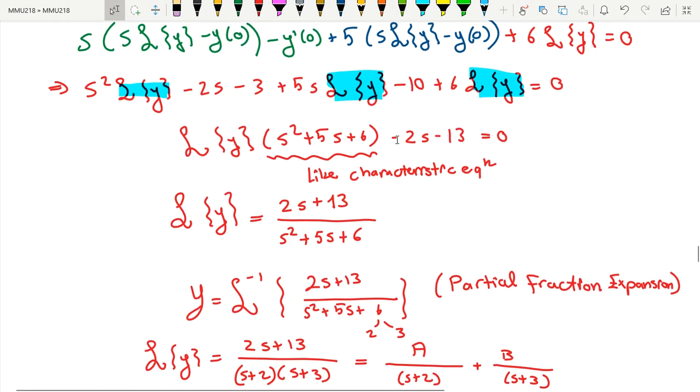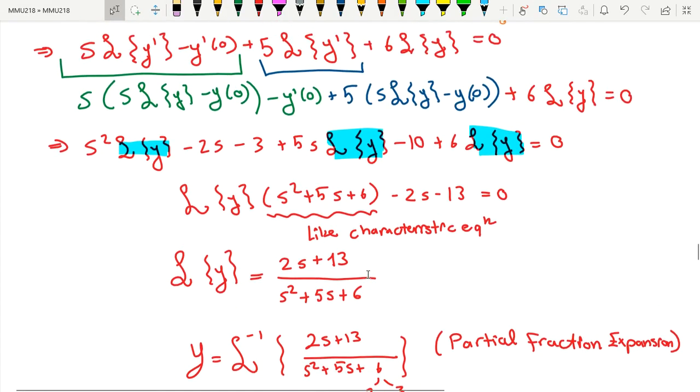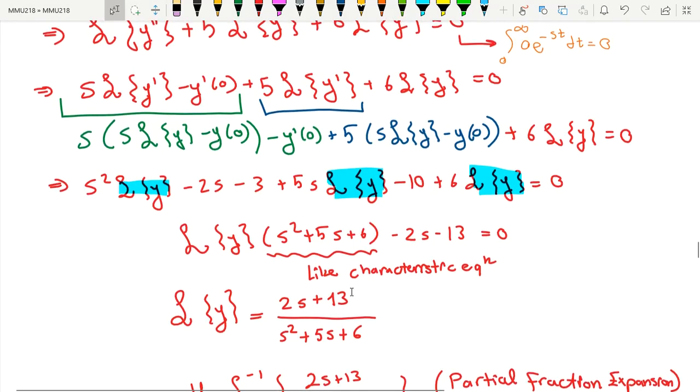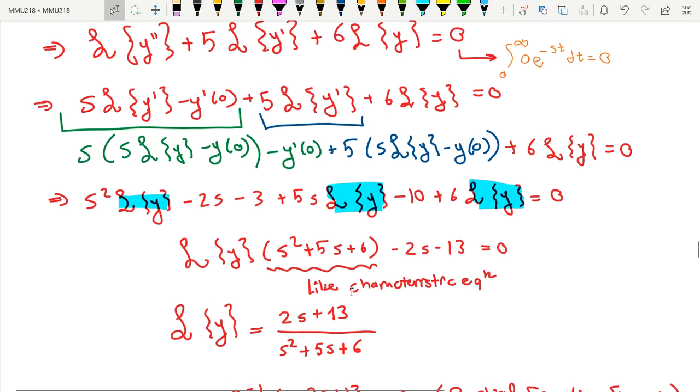Now, if you pull out these two terms and the 13 to the right hand side, Laplace y equals (2s plus 13) over (s squared plus 5s plus 6). The next thing we can do is take the inverse Laplace of this.